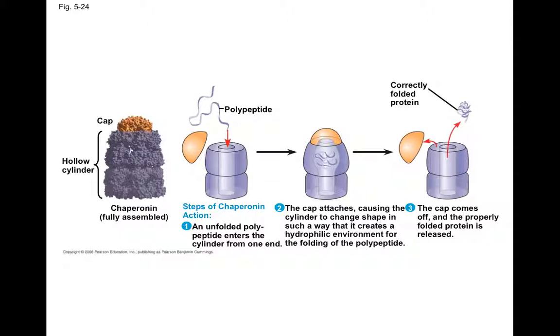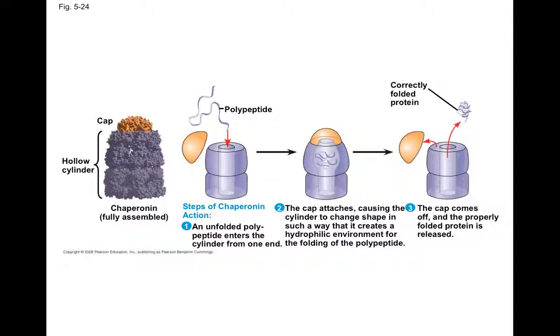So it helps the protein fold. So here you have a polypeptide, just the sequence of amino acids, and it'll enter this hollow cylinder of the chaperonin, which has a little cap on it that comes off. Put the polypeptide in, and then you put the cap back on, and then it changes the protein shape.